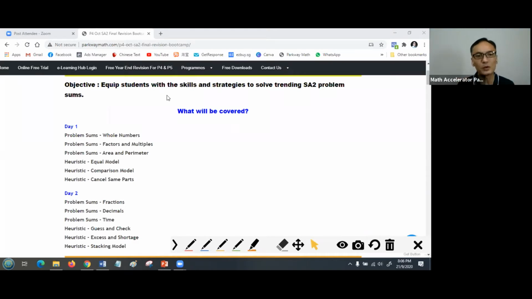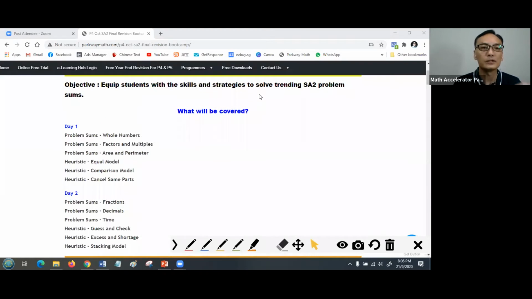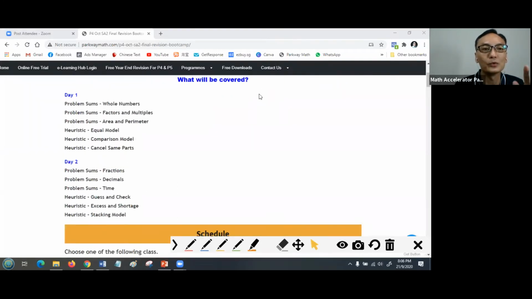We're going to focus more on how to solve the tricky ones and non-stop ones, the ones that students get careless mistakes in. They make a lot of careless mistakes in this area. So these are the trending ones which will help equip you with the skills so that you can solve it.